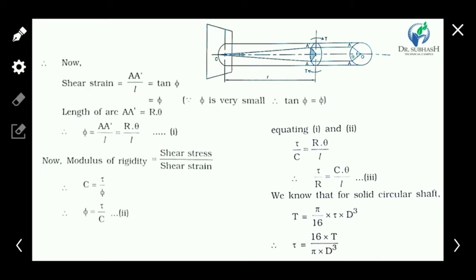Now what is the modulus of rigidity? Modulus of rigidity is the ratio of shear stress upon shear strain.